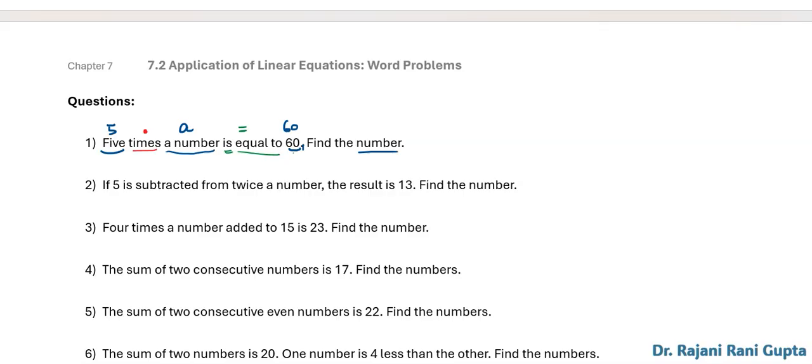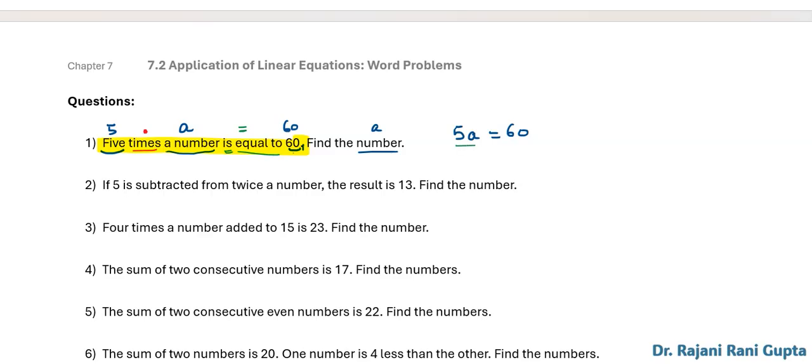So what does this statement, 5 times a number is equal to 60, give you? 5a equals 60. You have to find the number, which means you have to find the value of a.